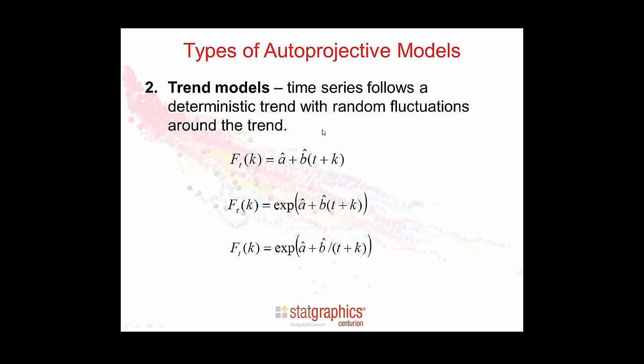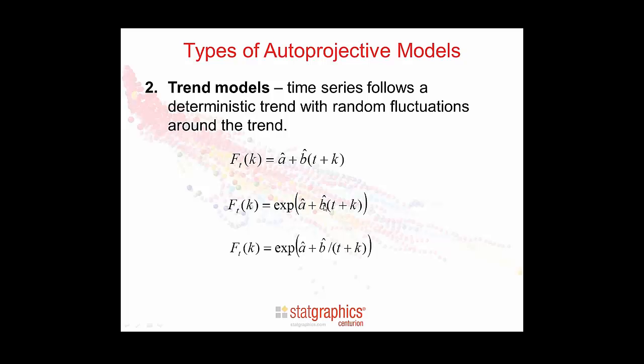Okay. A second type of auto-projective model that we'll be fitting to the data is what's called a trend model. In a trend model, the time series follows a deterministic trend with random fluctuations about that trend. There are different types of trend models. I've written down 3 of them. There are trend models in which you fit a linear function to your history.